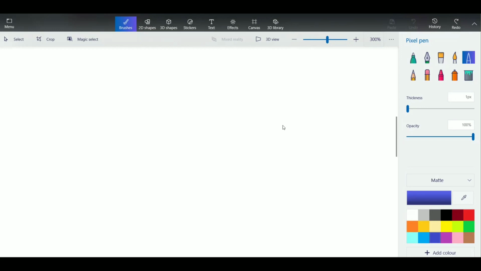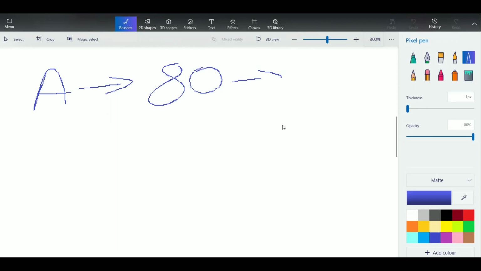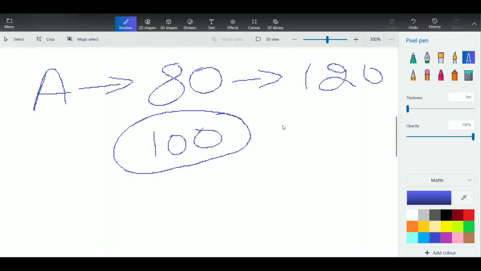For example, you have an apple, you bought it at 80 rupees, and in the market it's available at 120 rupees, and you are selling it at 100 rupees. So the demand for this 100 rupees apple will be more, right?